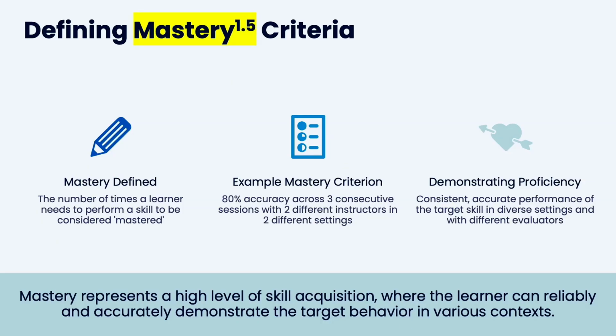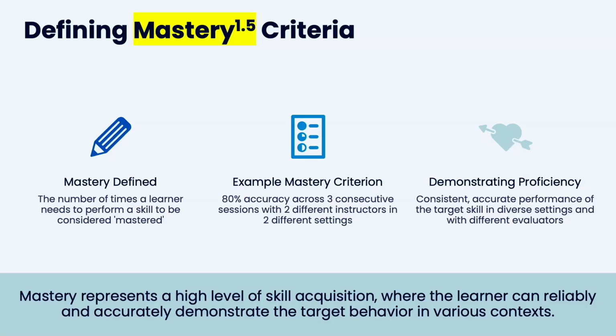We're going to move into maintenance or generalization. If you're going to go 80% accuracy across 3 consecutive sessions with 2 different instructors in 2 different settings, when you write that out, essentially what you're asking for is 12 times. So 80%, 3 sessions, but each of the 3 sessions needs to be with different instructors in 2 different settings.